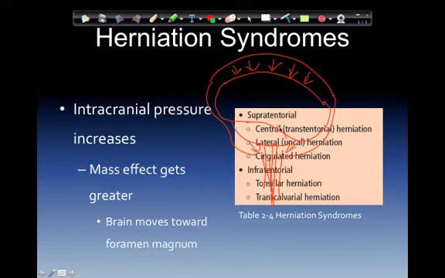So this is a very sensitive area, which is your brainstem. If you herniate your brainstem, most physiological functions will stop.